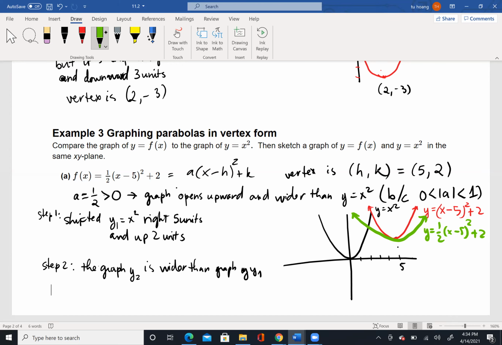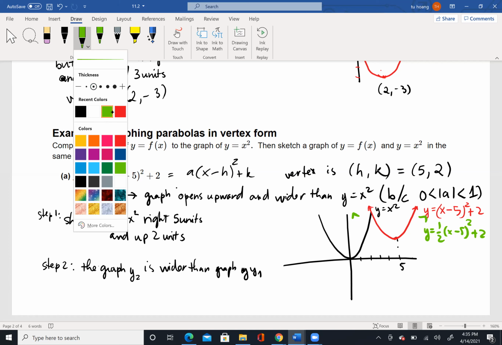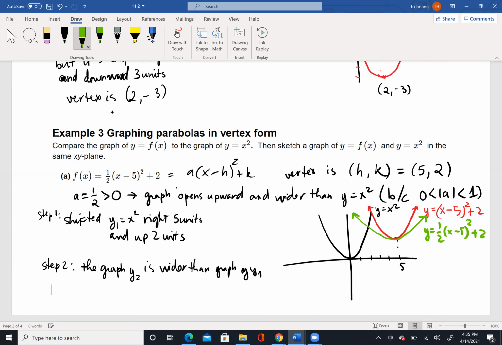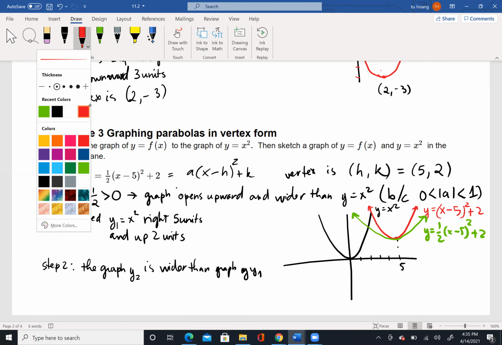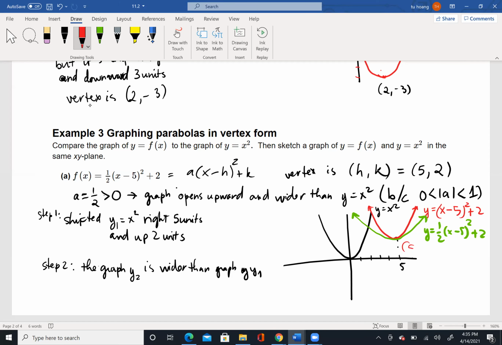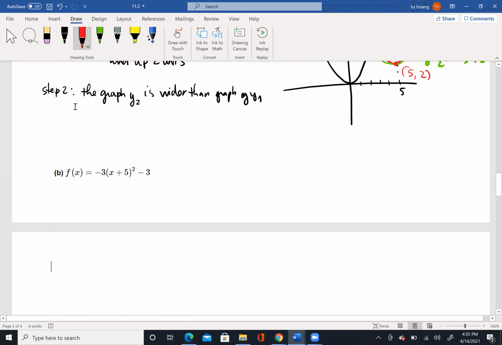Okay, so now we know that the vertex in here is (5, 2).